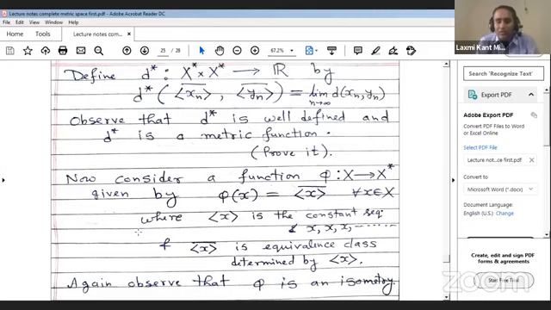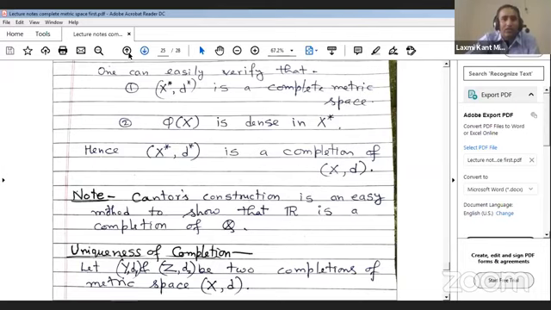Since the distance between the given sequence and the constant sequence y, as n tends to infinity, goes to 0, these two are equivalent. So their equivalence classes will also be the same. So we can observe here that phi is an isometry. I haven't verified it, but you have to verify that phi is an isometry.